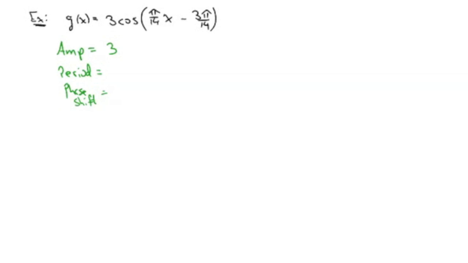So take the inside, pi over 14 x minus 3 pi over 14, and set it equal to 2 pi. And you start solving for x. Well, the first thing you do is you move this 3 pi over 14 over, so you get pi over 14x is equal to positive 3 pi over 14 plus 2 pi.